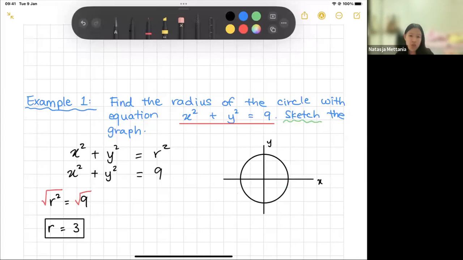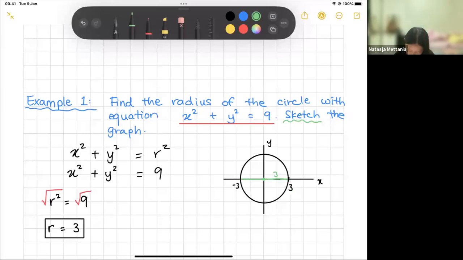Then, if my radius is 3, that means from the point 0, 0 going outward, that is 3, the length of 3, or the radius of 3. So this point here needs to be positive 3. If I go backwards here, that point will be negative 3.